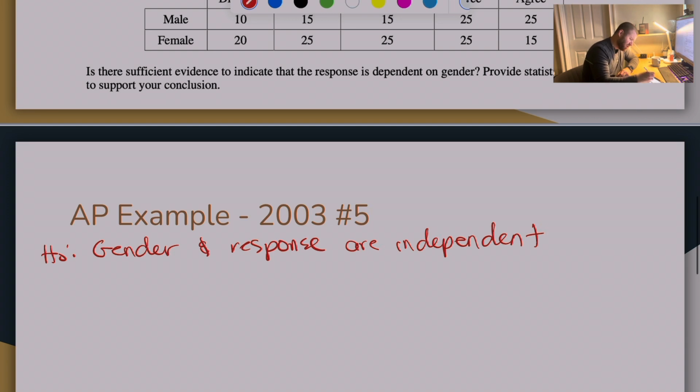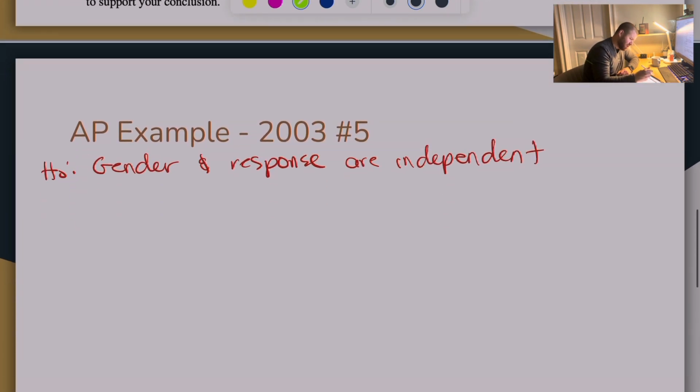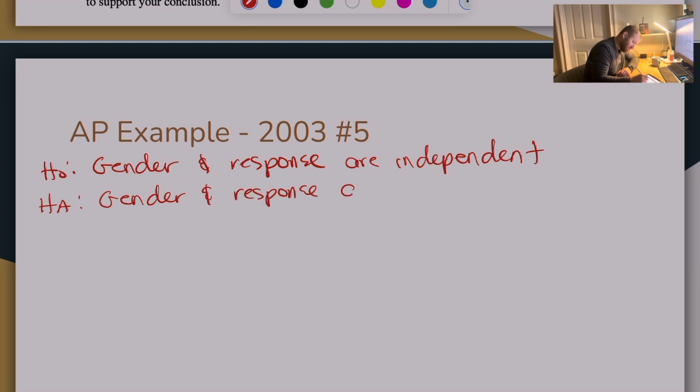But because this particular one says response is dependent on gender, I'm going to specifically write this as independent and dependent. And so here, for my alternative then, I'm going to say gender and response are dependent. Easy.